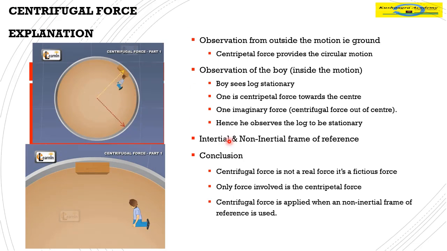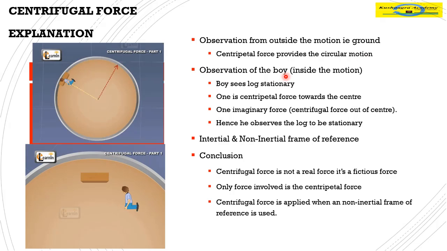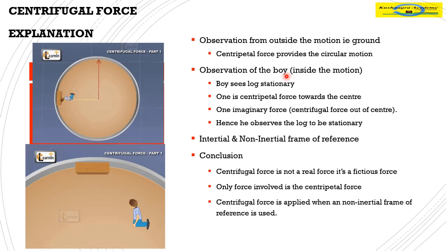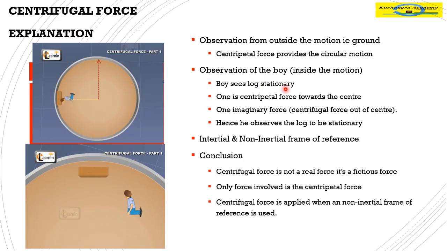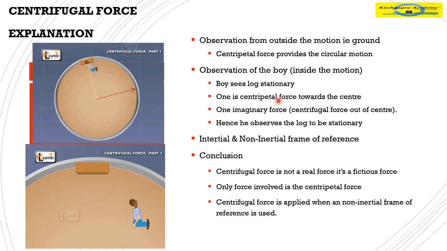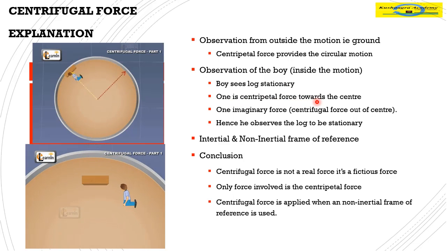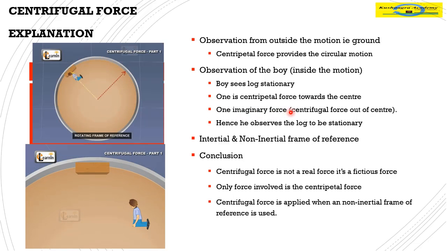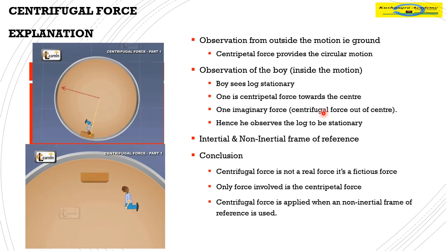Once again, to recap, what we observe from the ground is that centripetal force provides the circular motion. Now the observation of the boy who is inside this circular motion: the boy sees the log to be stationary. What are the forces that he will see? One is the centripetal force towards the center, and one is the imaginary force outwards from the center, for the log to be stationary.